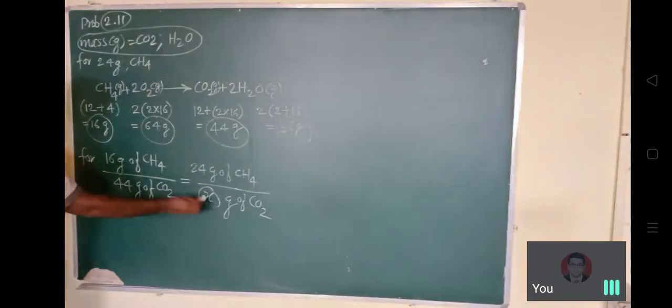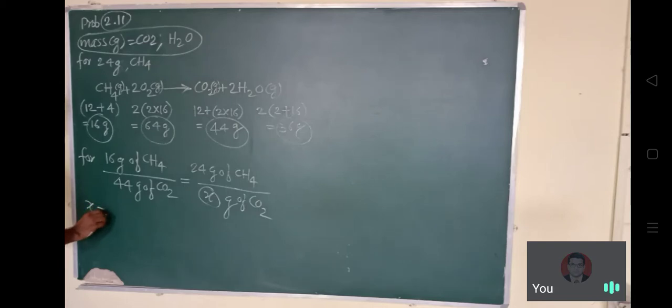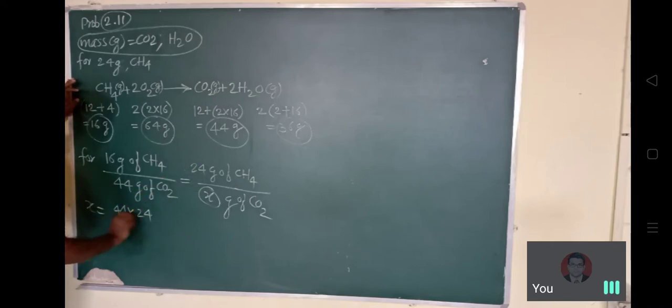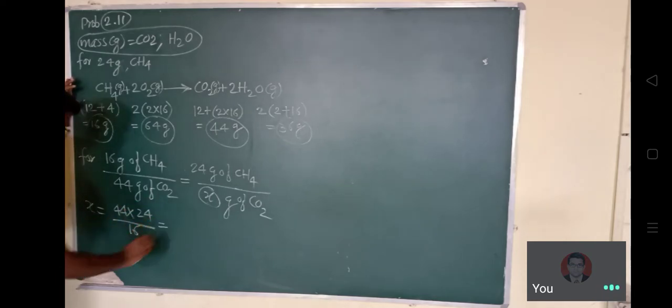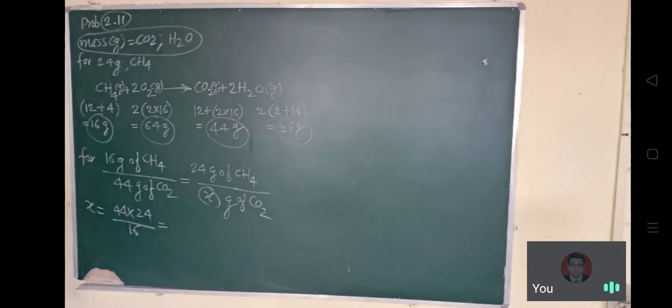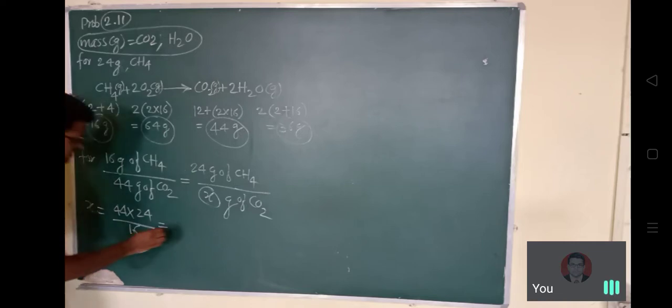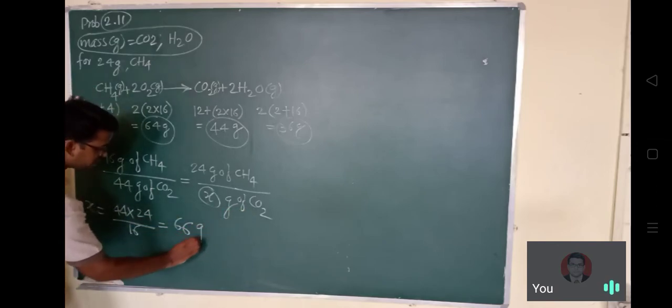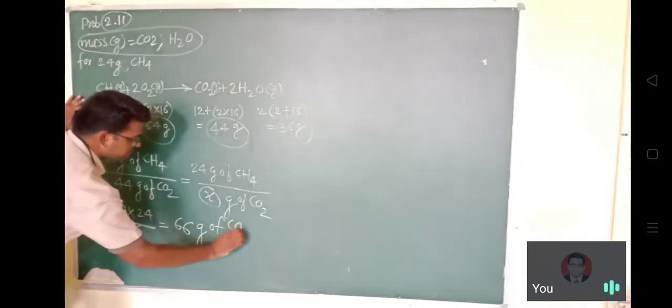We can find this value of X by cross multiplication: X equals 44 multiplied by 24 divided by 16. So X equals 66 gram. What is this X? It is grams of carbon dioxide, so we write here grams of carbon dioxide.